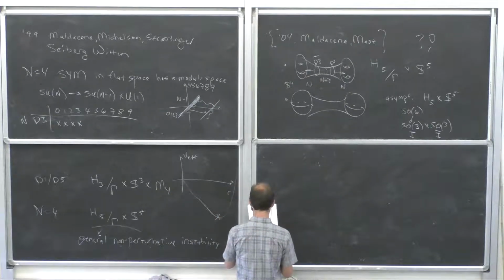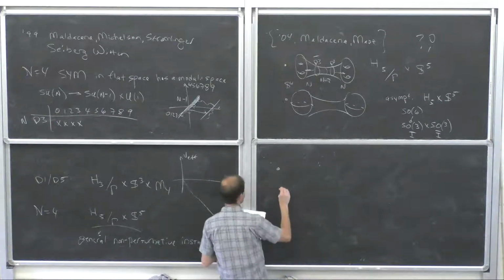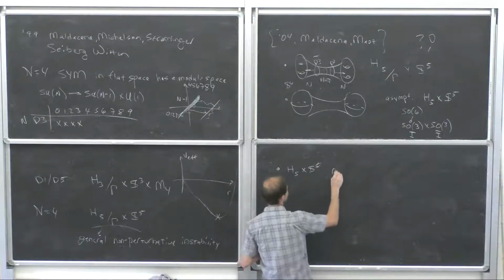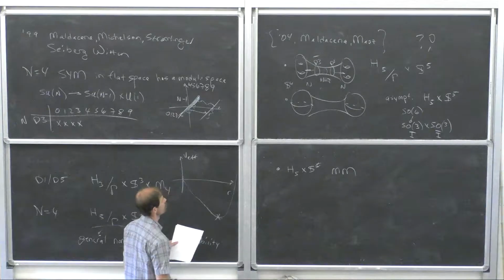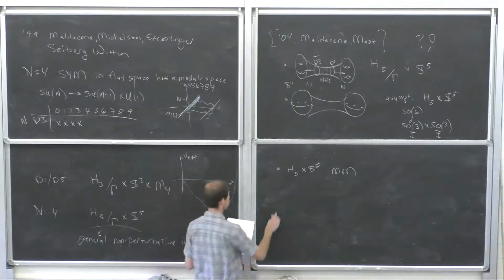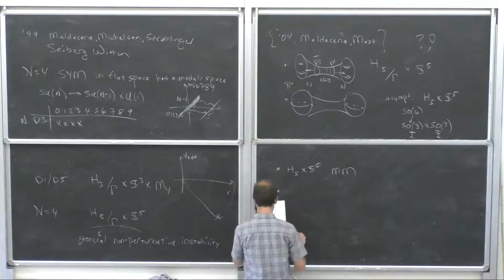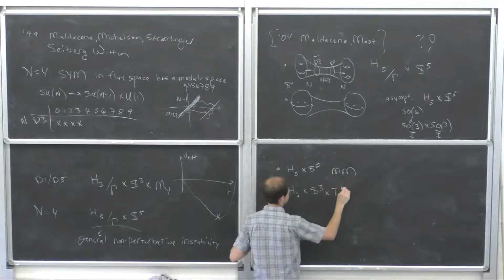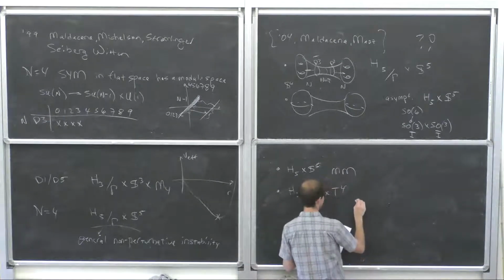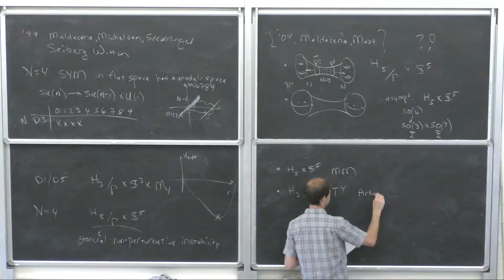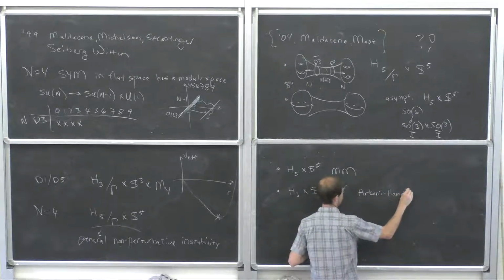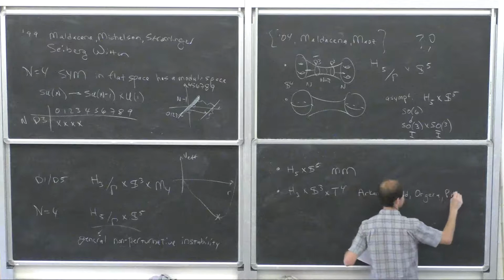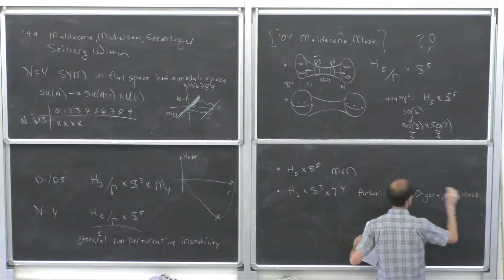So, for that there's really only three sort of known wormholes of this type within string theory. There's that one of Maldacena and Maoz. There's another one that's asymptotically H3 times S3 times T4, found by Arkani-Hamed, a guy that I never met because he left the field, Orgera, and Polchinski from 2007.